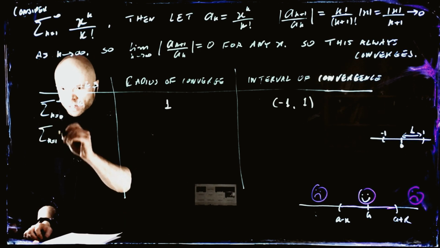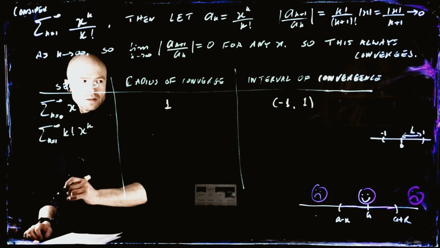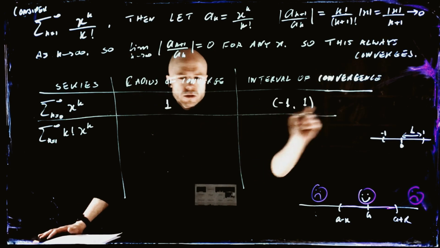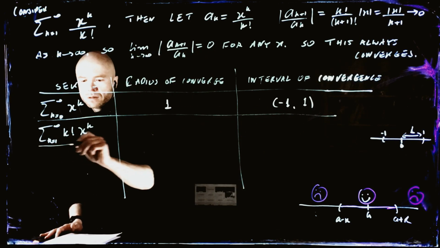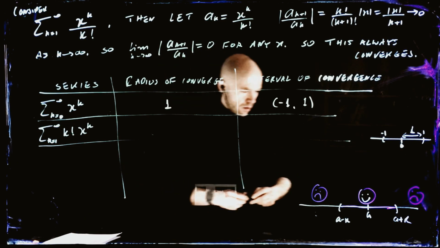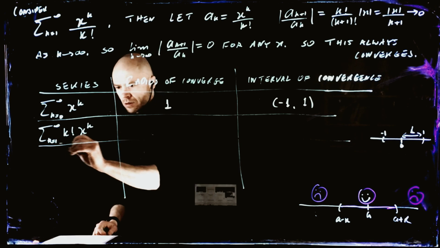What about this guy here? The sum from k equals 1 to infinity of k factorial x to the k. What is the radius of convergence? And what is the interval of convergence? Firstly, what's the radius of convergence?